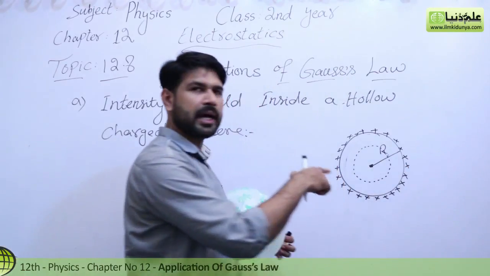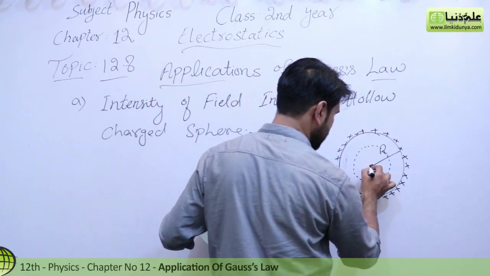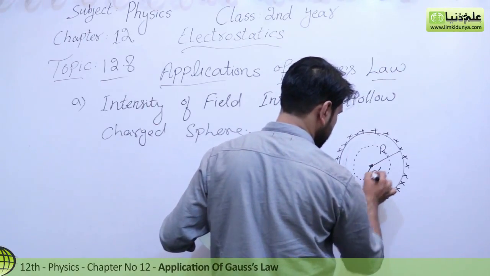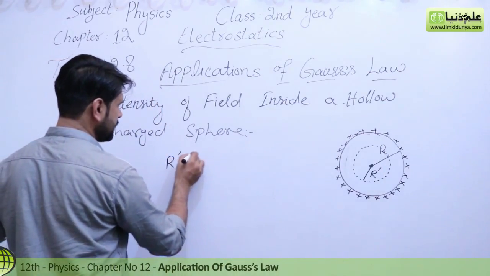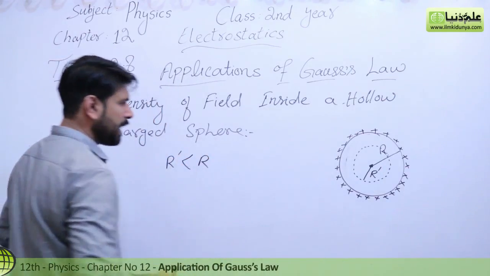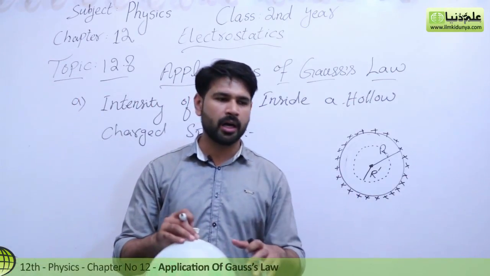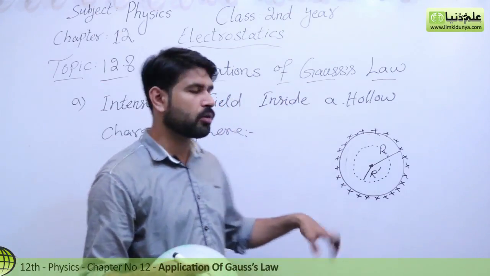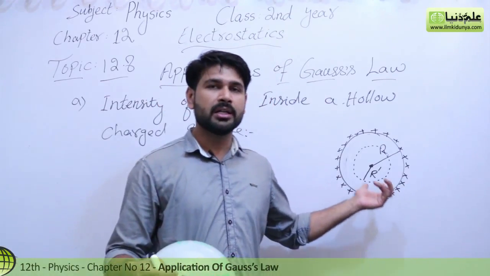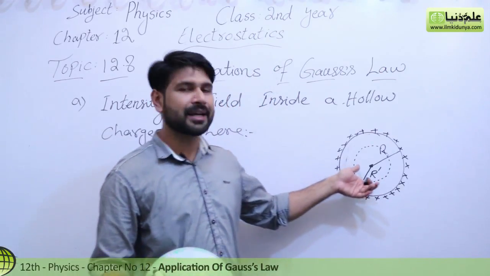Suppose the dotted closed surface is a sphere with radius r dash, and in that case r dash is less than R. Actually we inscribe a sphere, a closed surface, inside the hollow charged sphere, and we consider this a Gaussian surface.